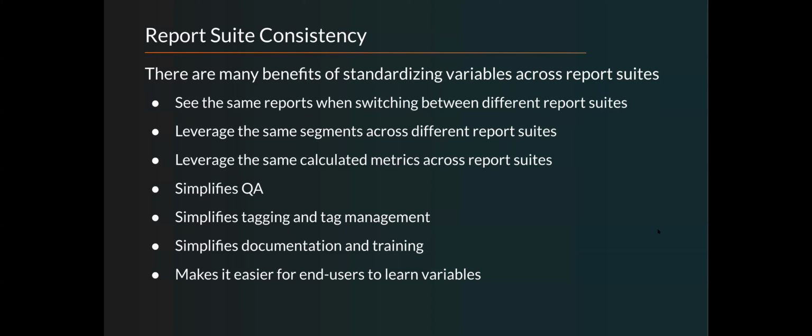And then they switch from, say, Germany to the UK. If the UK suite isn't using eVar 10 and success event 2 for the same things, then things get really complicated, because it'll basically change to the same report, but you're going to be looking at different data. But if you have everything set up consistently, they can float between different report suites and virtual report suites without having any problems.